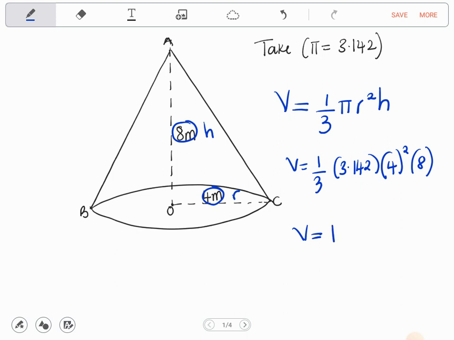Well, I'm getting 134.0586 and so on. So I'll just leave it to 2 decimal places, which will give me 134.06. Well, they are meters, so I'm going to put cubic meters. Just like that. Let's look at another question.